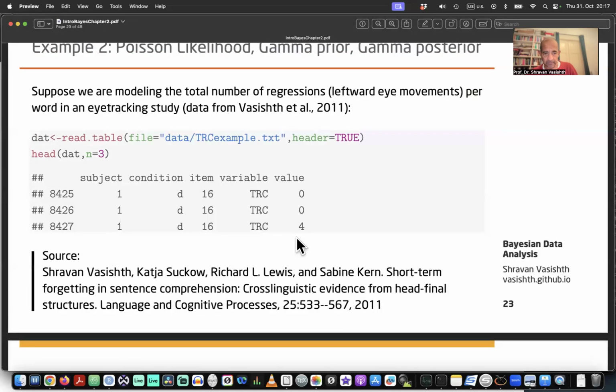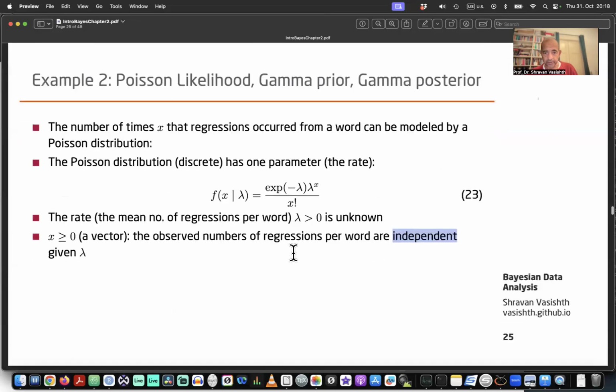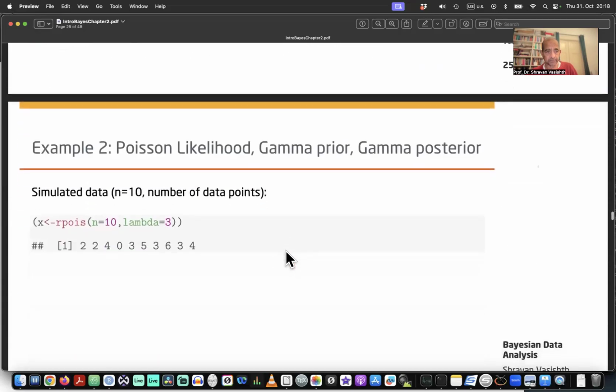All these values I assume to be independent in the discussion that I'm presenting today. Of course, we know that this is technically not correct for these particular data because we're getting multiple data points from the same subject. So obviously these values are not independent of each other, right? But I'm ignoring that detail for now. I'm just going to assume that they're independent for simplicity.